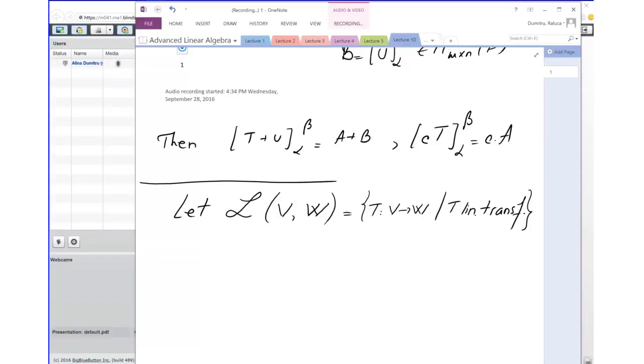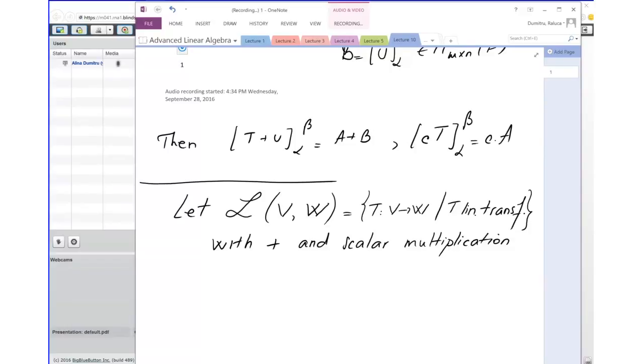The functions are linear transformations. And on this set, we're going to consider two operations: addition as above, as in T plus U, and scalar multiplication, scalar times a linear transformation. So L together with addition of linear transformations and scalar multiplication, again, scalar multiplication by scalars in F, the common field of V and W.